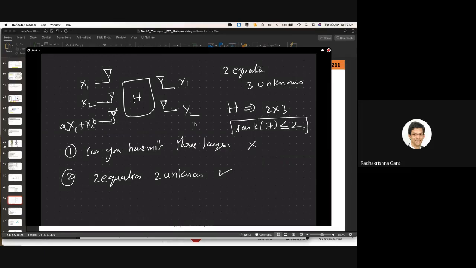So effectively, the number of layers that you can transmit will always be less than or equal to the rank of H. It basically boils down to how many unknowns you have and how many equations you have. It's very simple, basic linear algebra. Any other question?